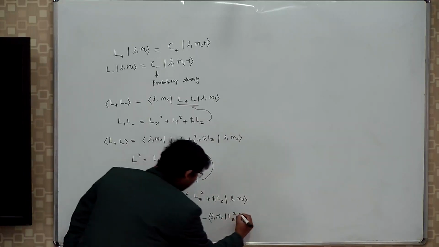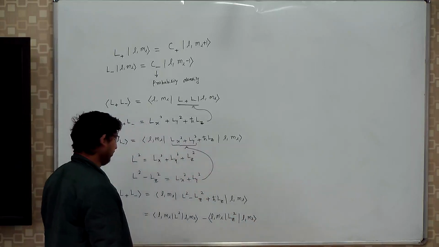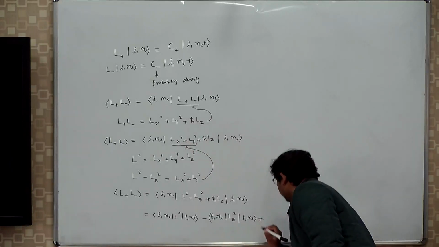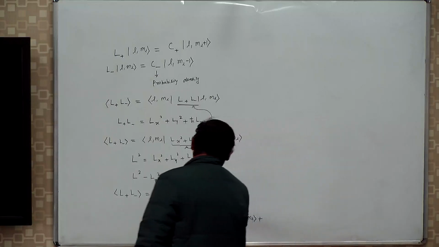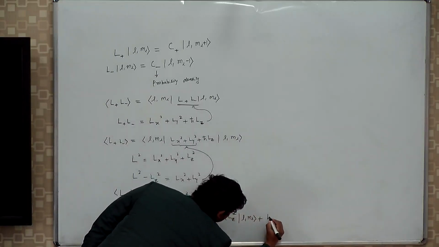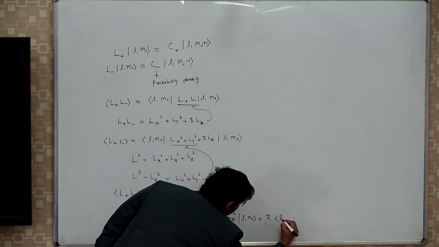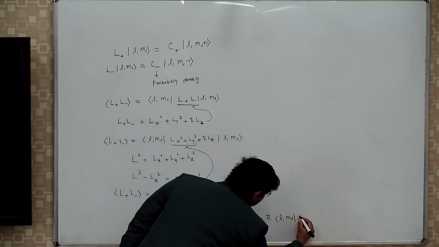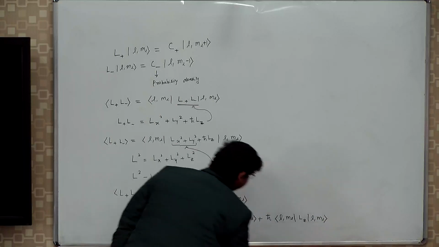Again plus H cross Lz is there. H cross is nothing but a constant, we can keep it outside. Then <L, ML| Lz |L, ML>.